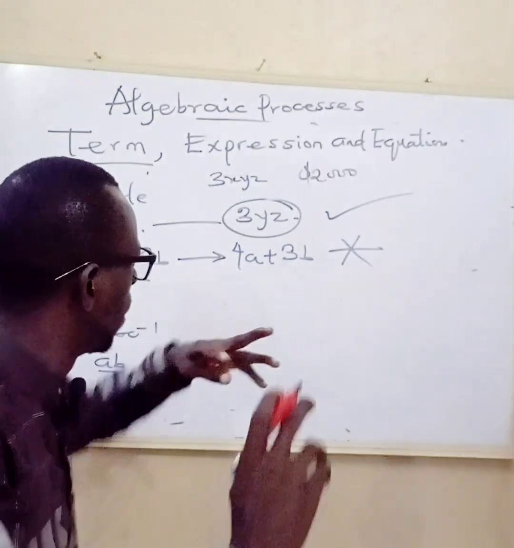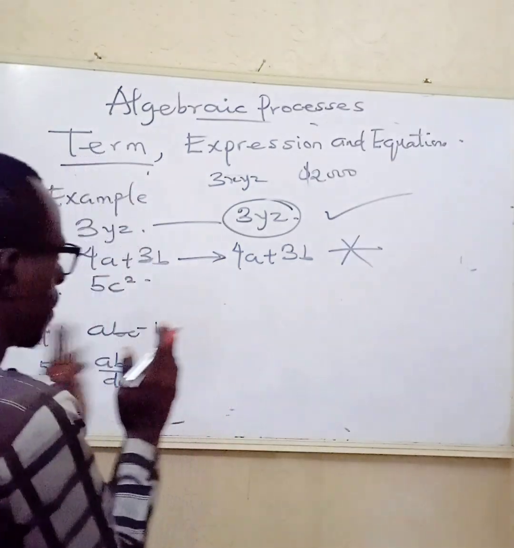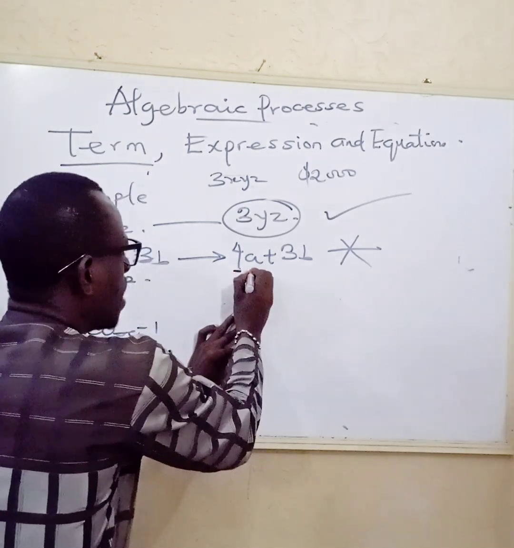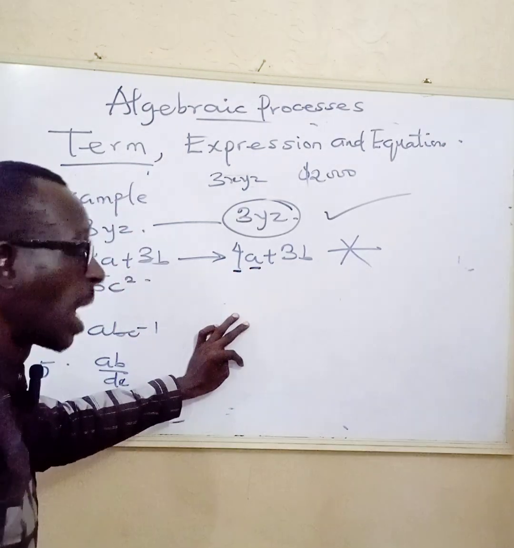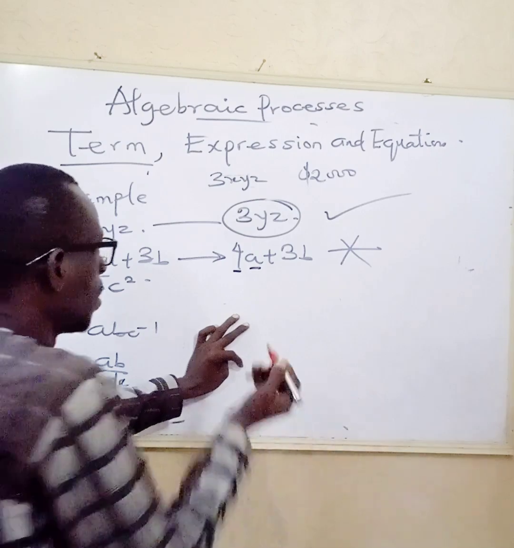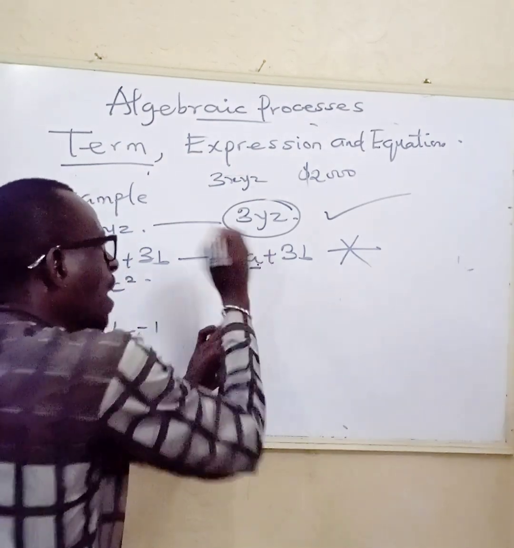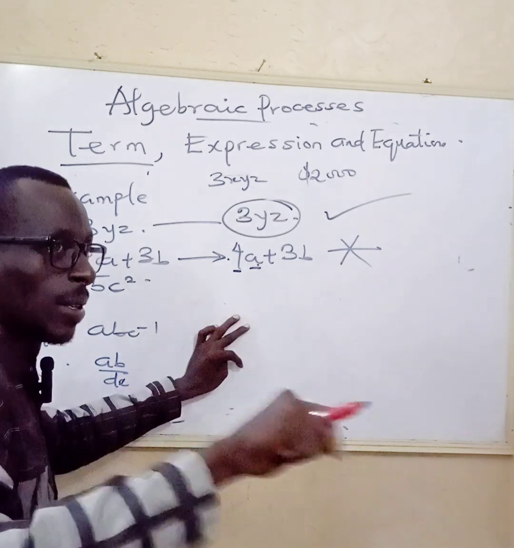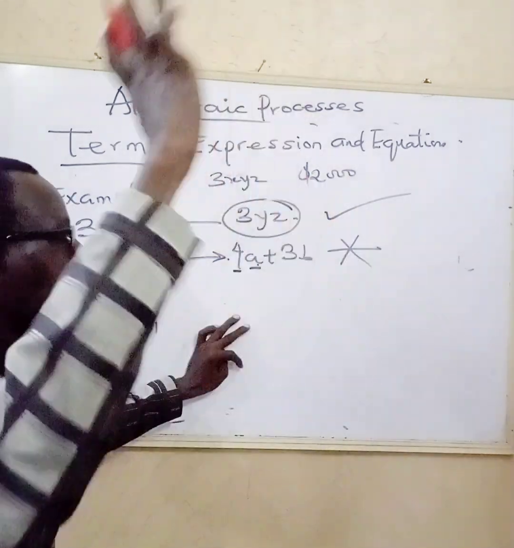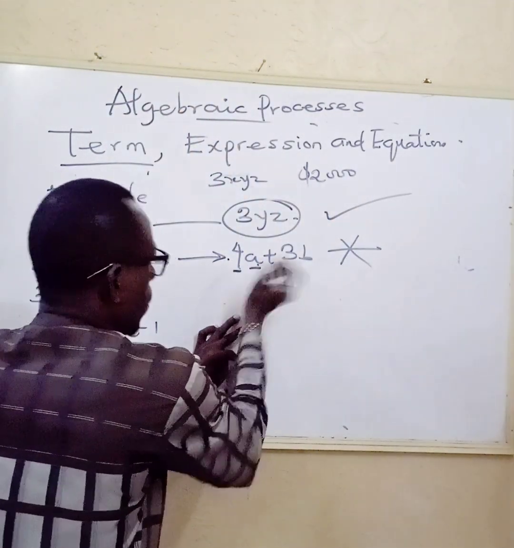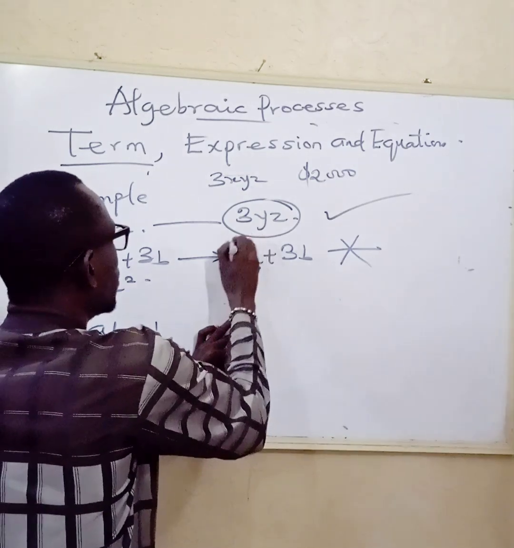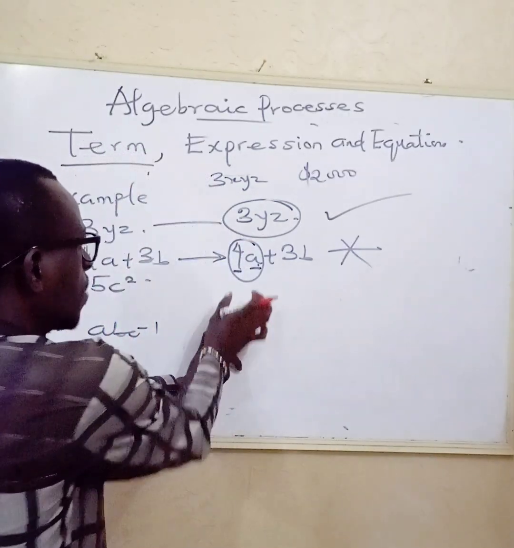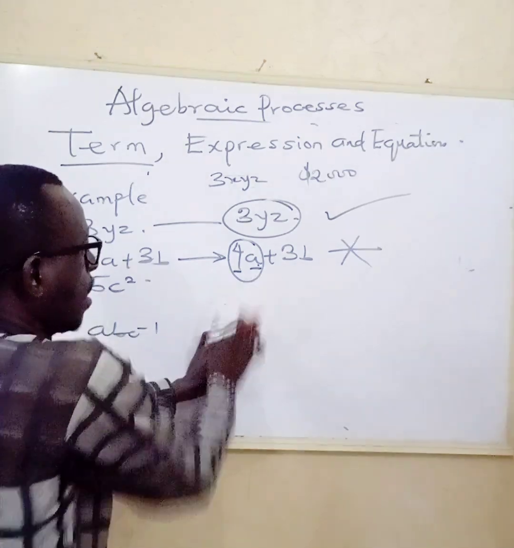We have concluded in the previous lecture that 4 multiplied by a is still a term under the multiplication operator, because 4 is a term, a is a term, but it is being operated on by multiplication. That makes it a term.